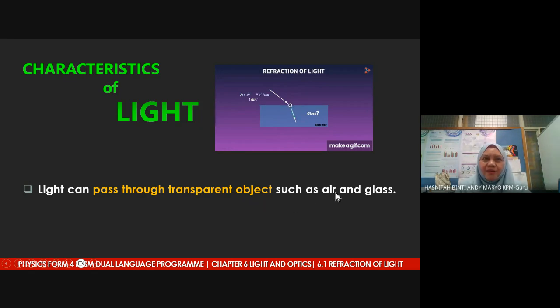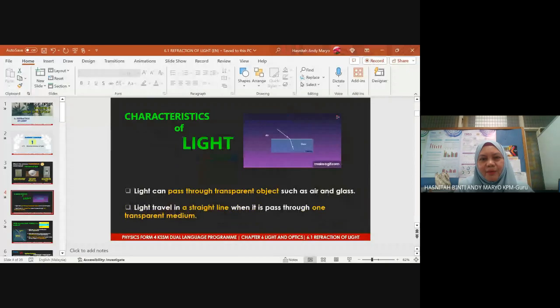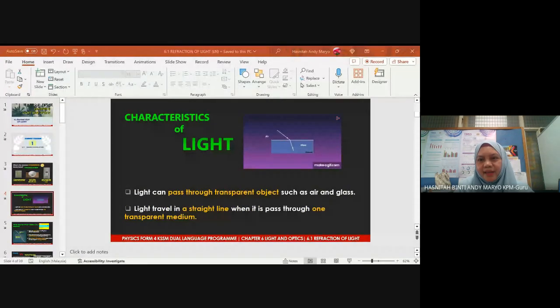Can you give me a few more examples of transparent objects other than air and glass? You can type your answer in the in-call messages as well.